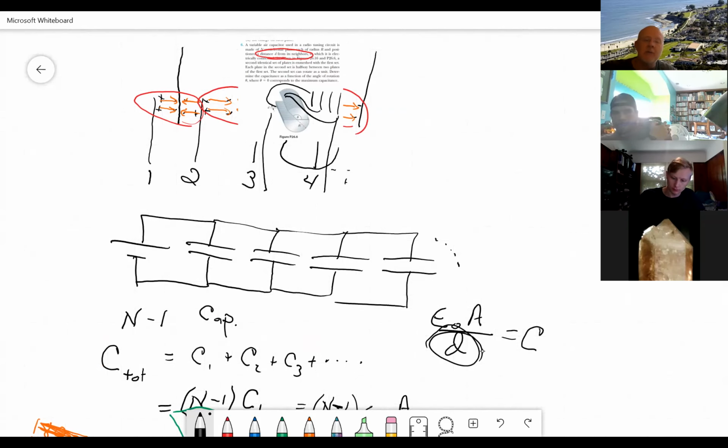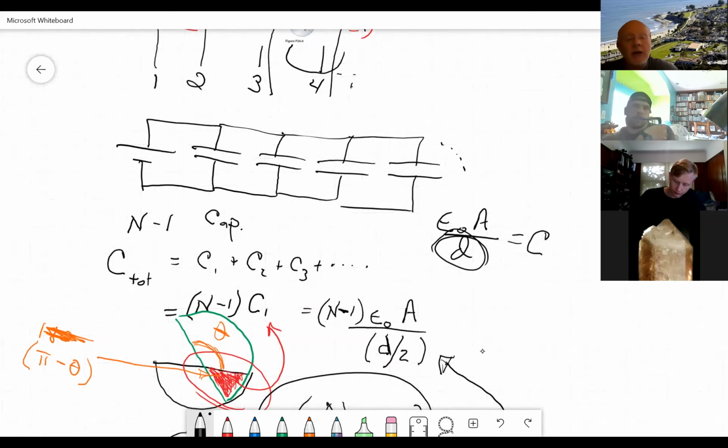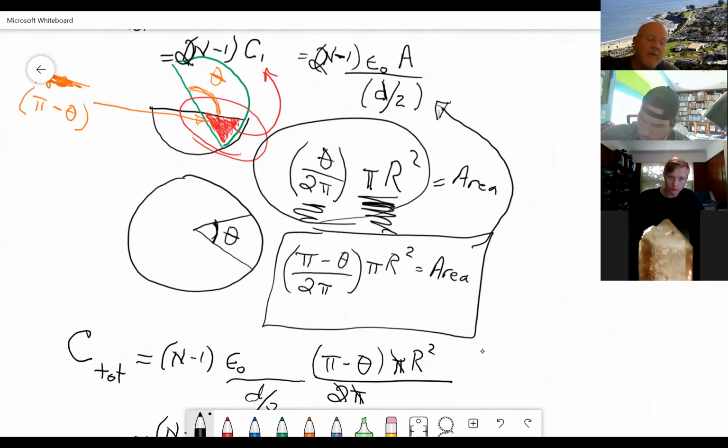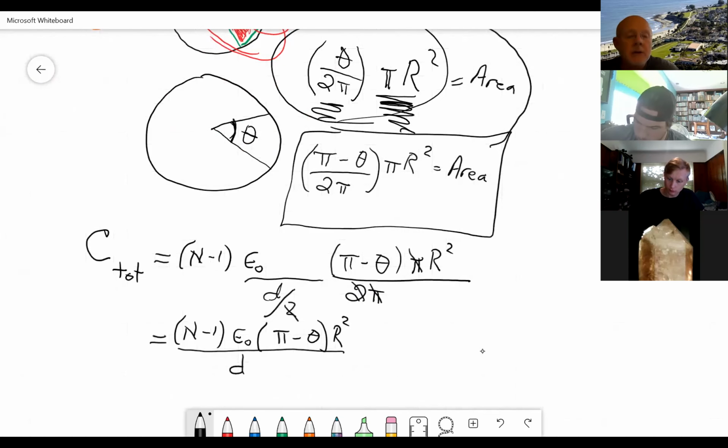I just put n minus 1. So I should have said at the very beginning 2n, and then that would have carried all the way down to here, 2n, and yeah, so good.